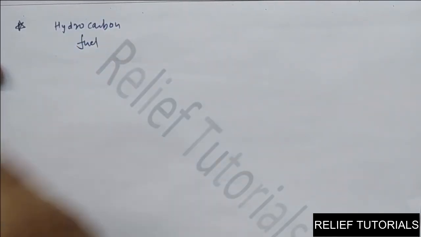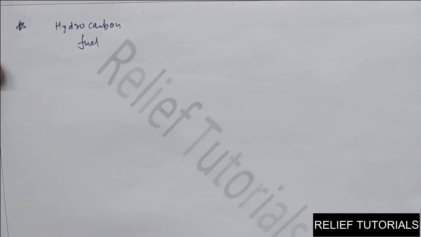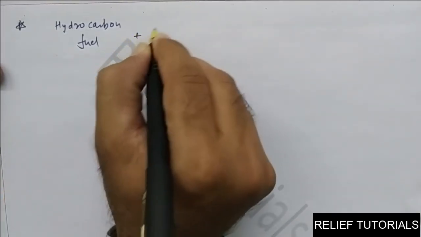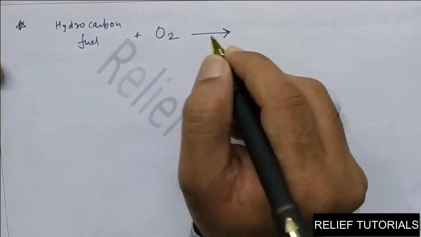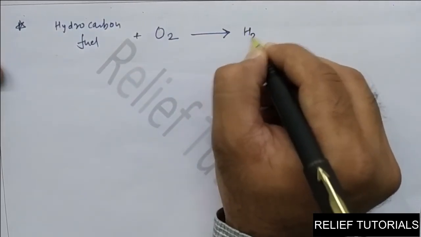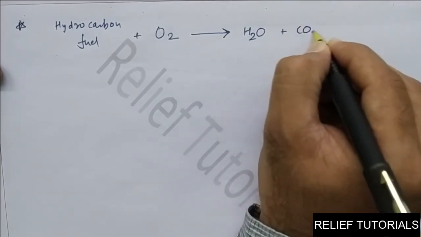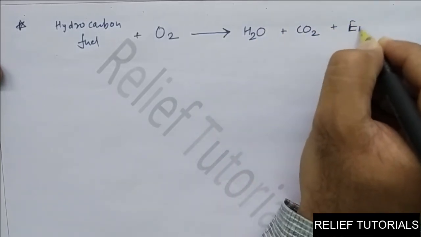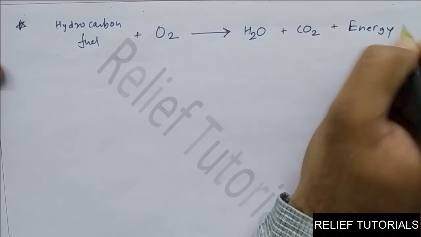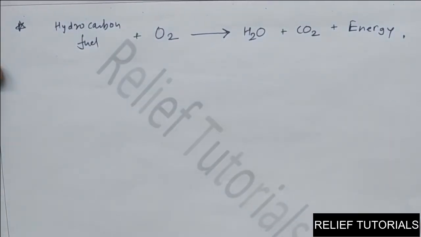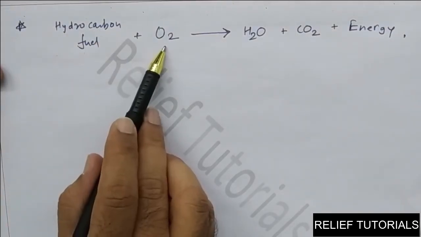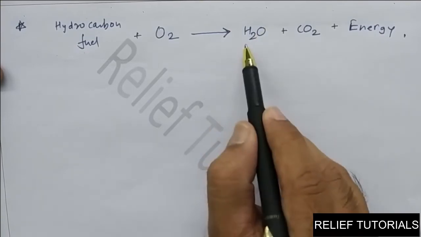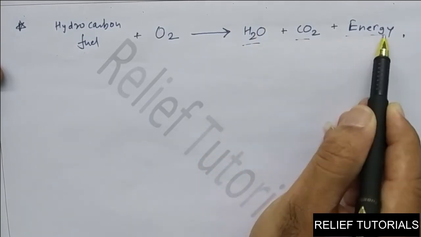So whenever any type of hydrocarbon fuel is burnt in presence of oxygen, it always gives fixed products like H2O, CO2 and energy. This is the best example of burning of fuel.